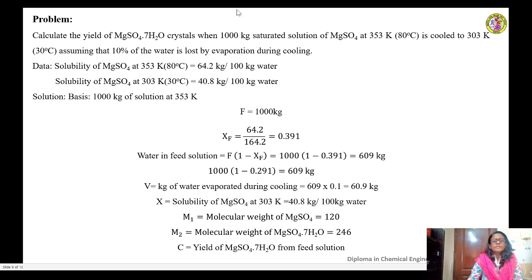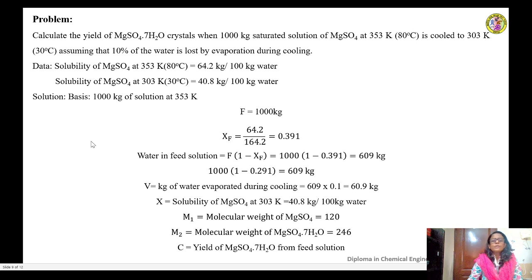So it is given that the process involves the production of hydrated magnesium sulfate crystals. That means the outgoing crystal product also contains a certain quantity of water. This is produced from 1000 kg saturated solution of MgSO4 entering at 353 Kelvin, and it is cooled to 303 Kelvin to attain supersaturation.